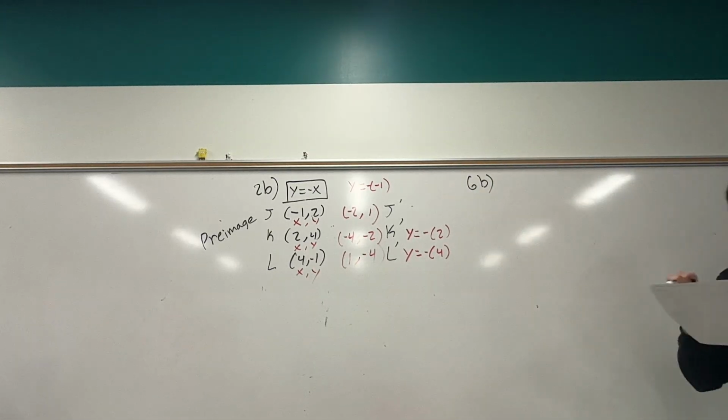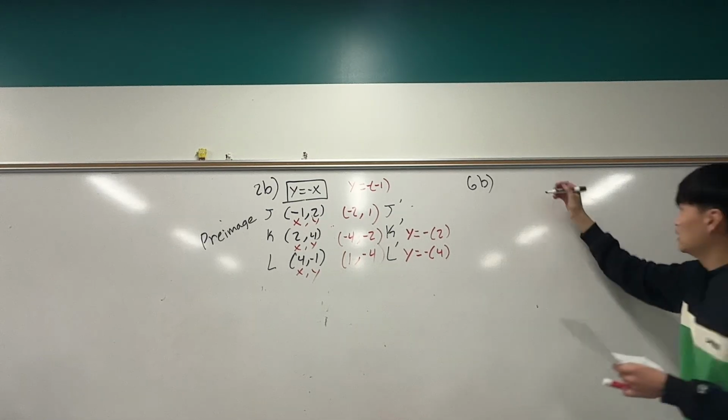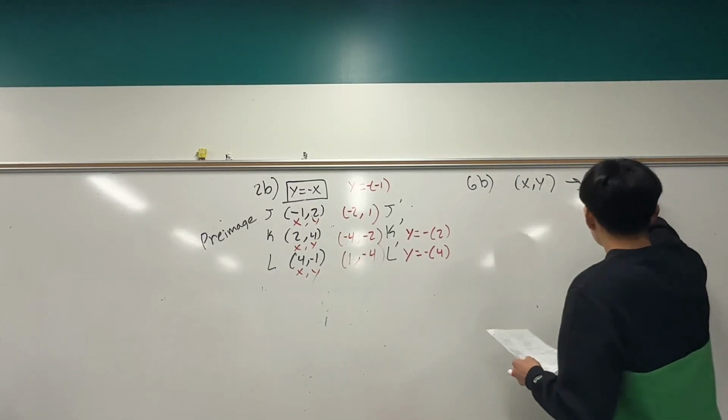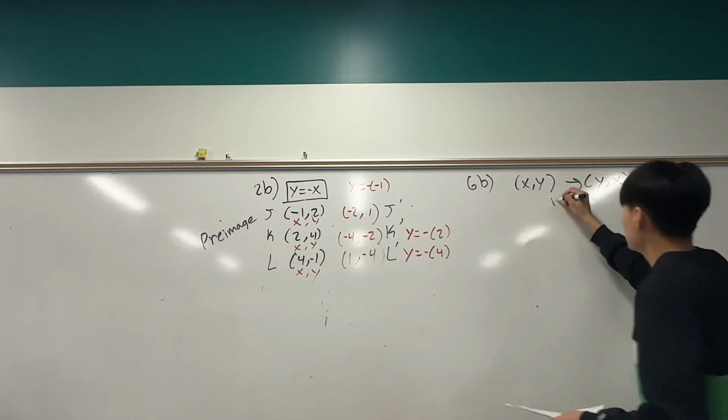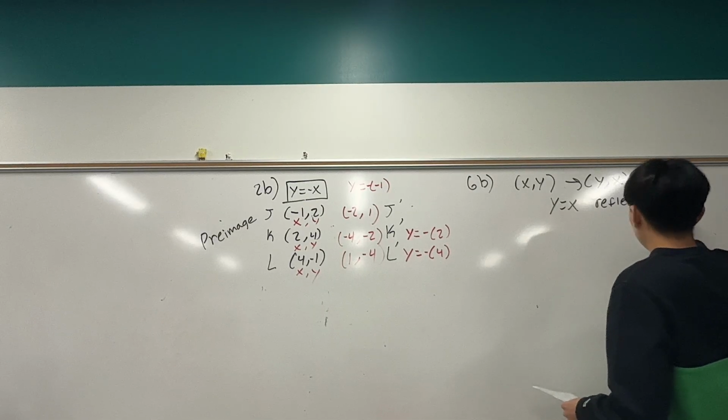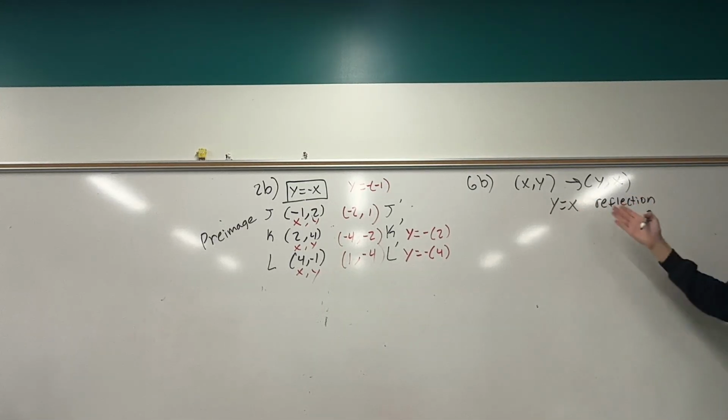Okay, so this time it's across the line y equals x. So that equation that should be in your notes for y equals x is (x, y) becomes (y, x). So if you have a y equals x reflection, you're using that. What's essentially happening?